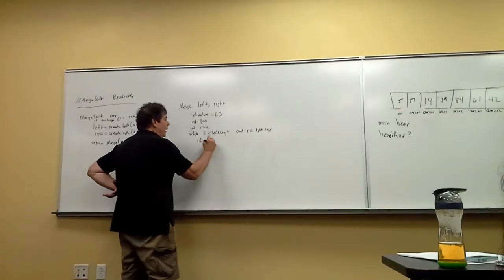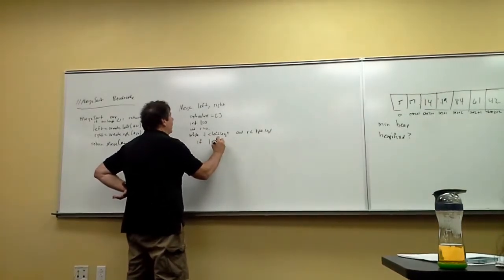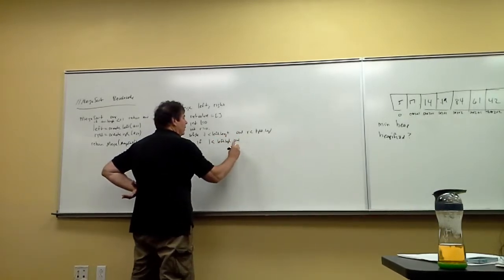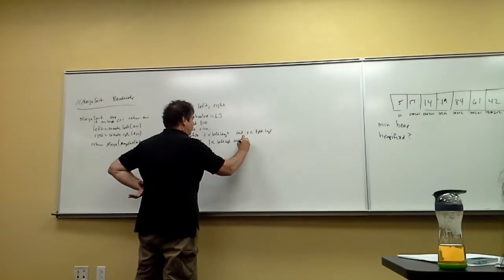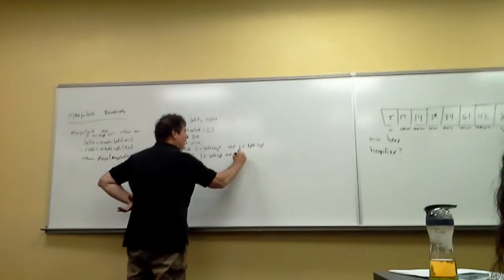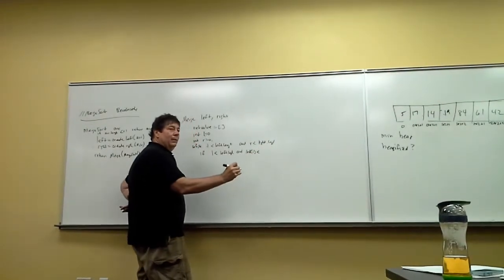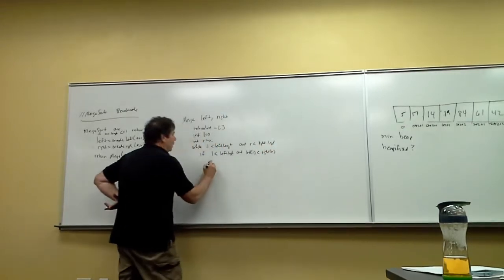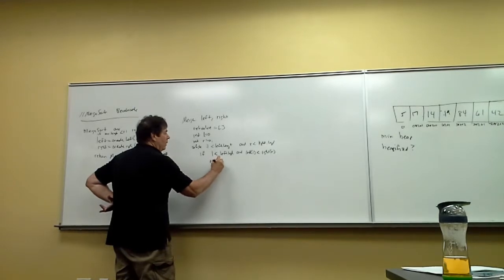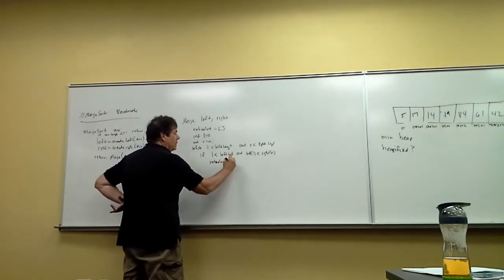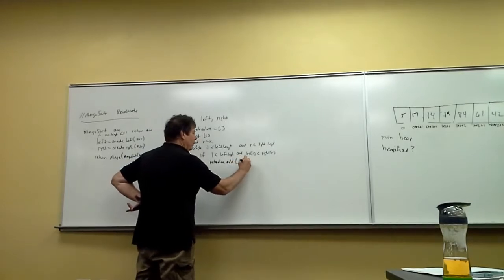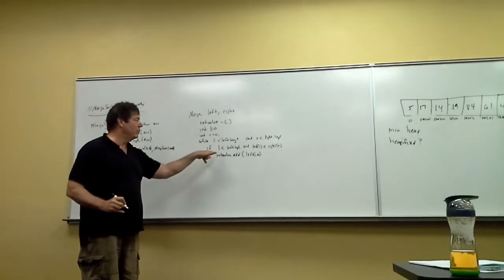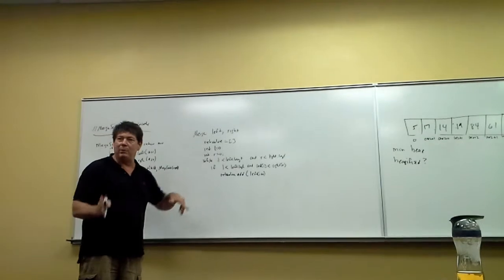If L is less than left.length and left sub L is less than right sub R, ret value dot add, I just made that up, left sub L plus plus. Okay, so the left thing was smaller, right? So we're going to keep doing that.